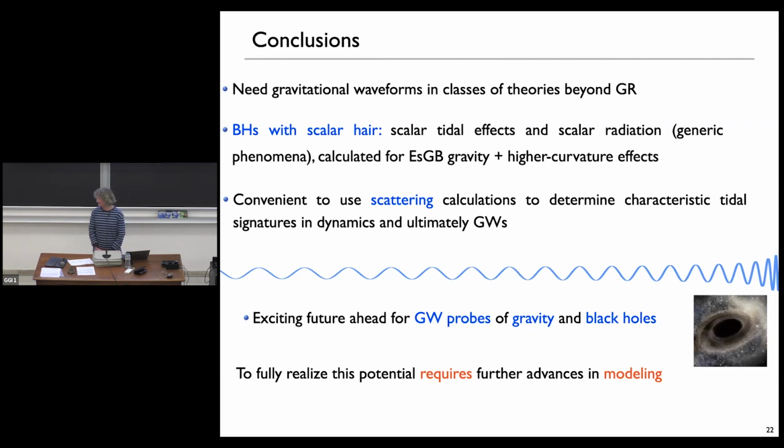Other questions or remarks? I don't know almost anything about scalar Gauss-Bonnet theory. But the question I was asking is, you have a scalar, you haven't detected any scalar. So the scalar has to be coupled only gravitationally to the matter.